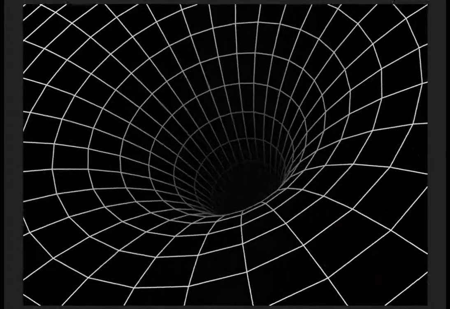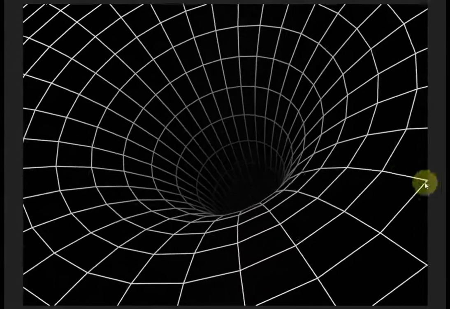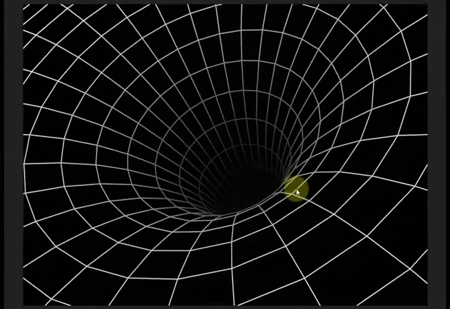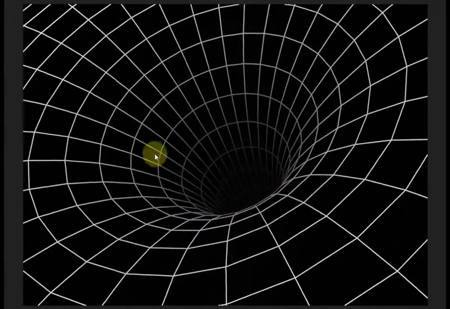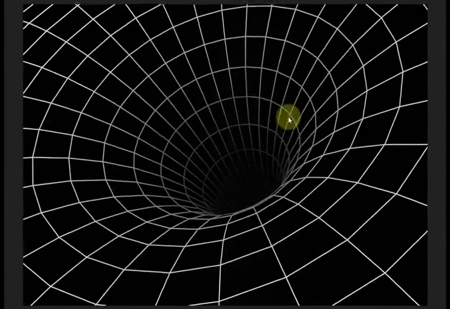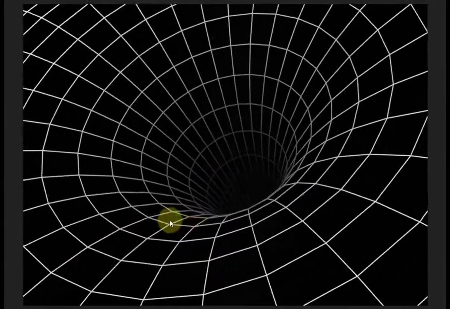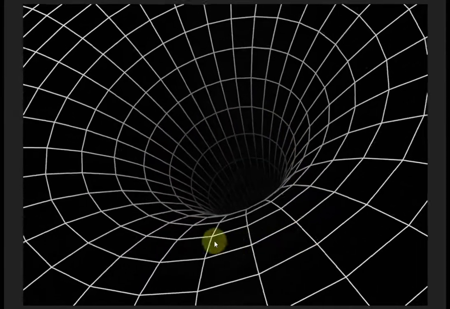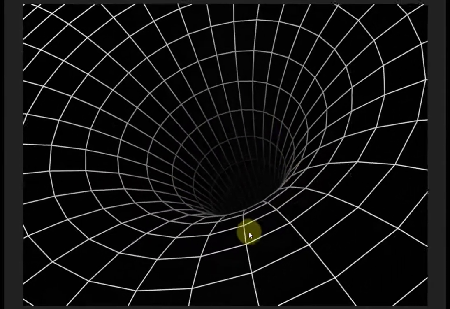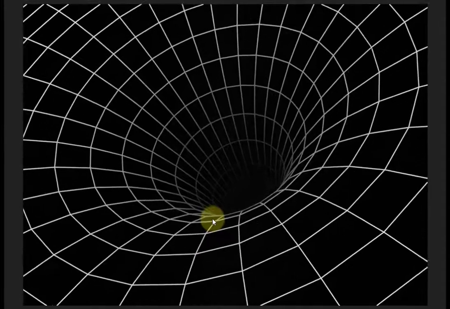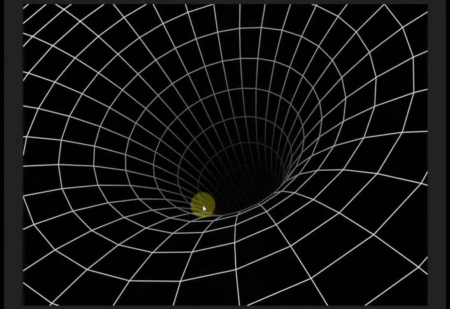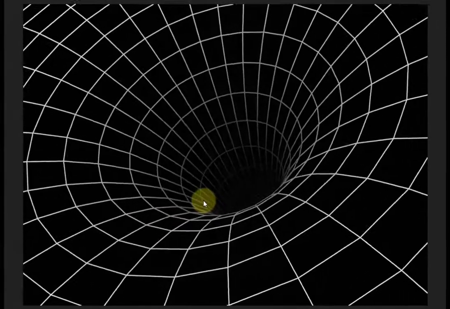Now, if the star has more than 3 times the mass of the Sun, it will continue to collapse. Neutron pressure is not going to stop it, and the star is going to collapse to a singularity, where the density becomes infinite. At this point, the star will tear up the space and time, and all we can see of the star is now mass, rotation, and charge.